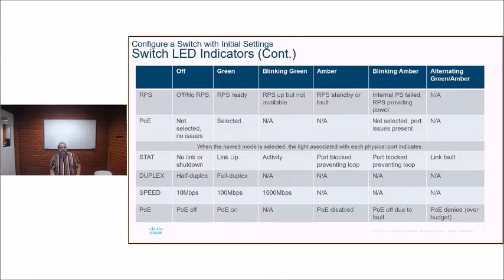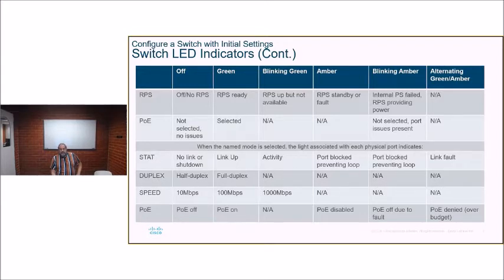All right, the LEDs for the redundant power supply. If there's no LED, it means there's no redundant power supply. Green means it's ready. Blinking green means it's up but not available. Amber means standby or fault.